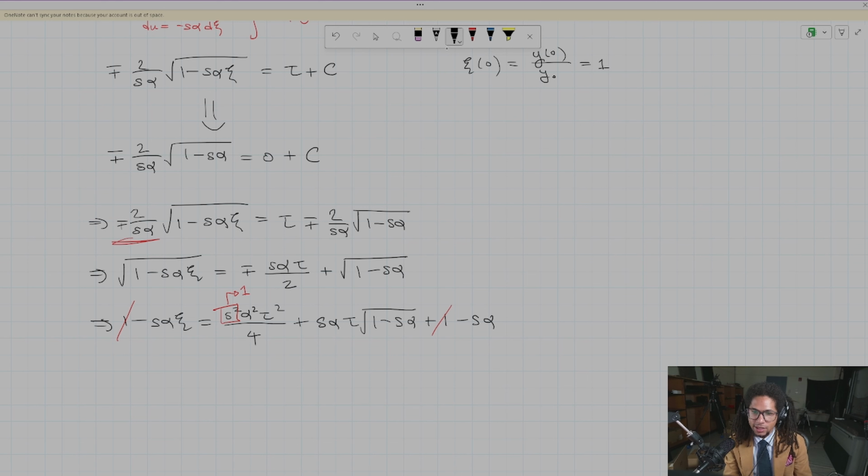All right, the last thing is I can multiply through by 1 over S alpha. So let's actually do that in a new line. So I'll get xi, I guess I'll also include this minus sign. So xi is equal to minus alpha squared tau squared over 4 alpha s, okay, plus S alpha over S alpha, oh, and it should be minus because of that sign, minus this, tau 1 minus S alpha, good.